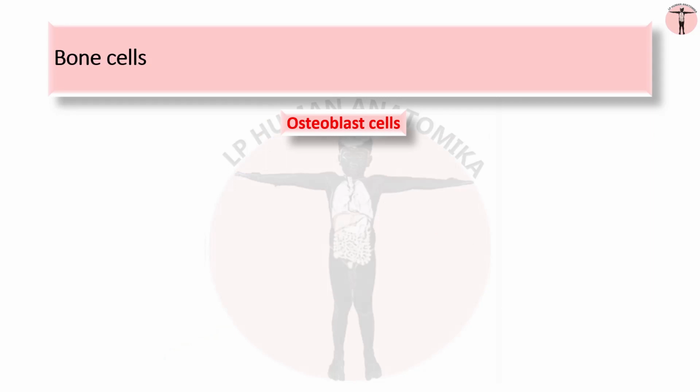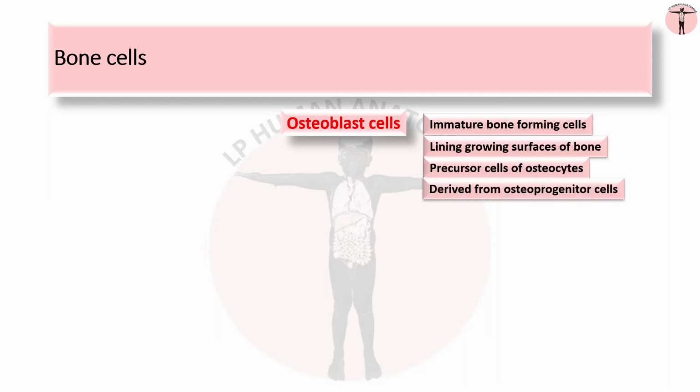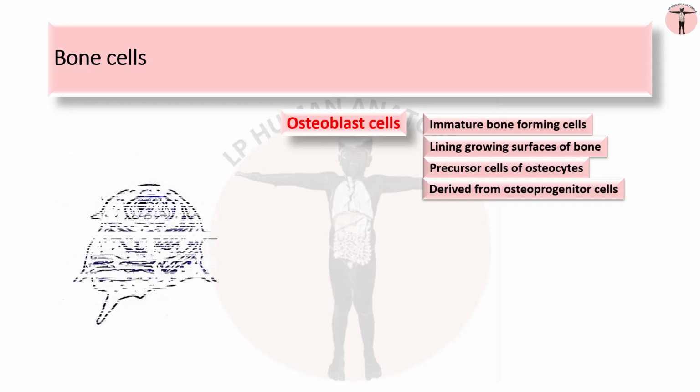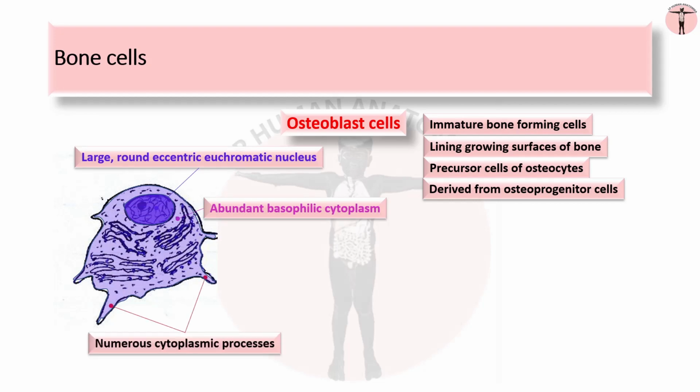The osteoblasts are immature bone-forming cells. They are found lining the growing surfaces of bone. They are the precursor cells of the osteocytes and are derived or developed from the osteoprogenitor cells. Each osteoblast cell is cuboidal or columnar in shape, presents an abundant cytoplasm with a large, round, eccentric euchromatic nucleus and numerous cytoplasmic processes.